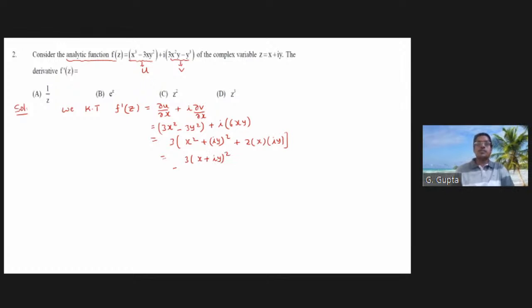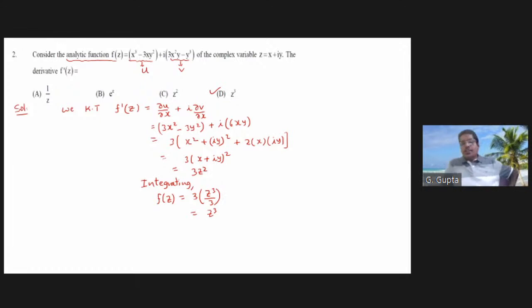This x plus iy is z, so 3z square. So integrating, f(z) is equal to 3z square integrated, 3 times z cube by 3, which is z cube. So accordingly the answer is option D.